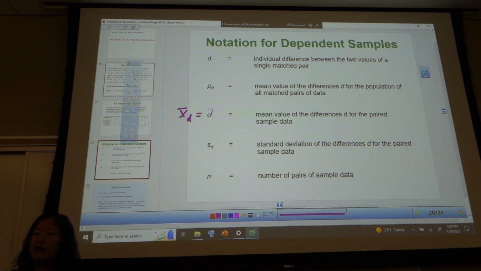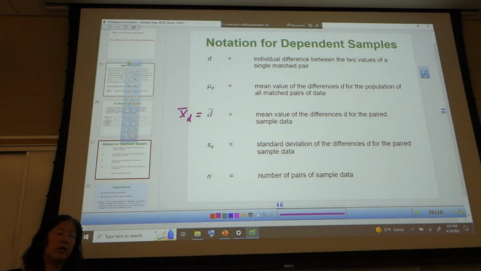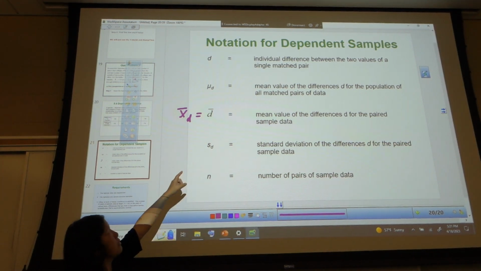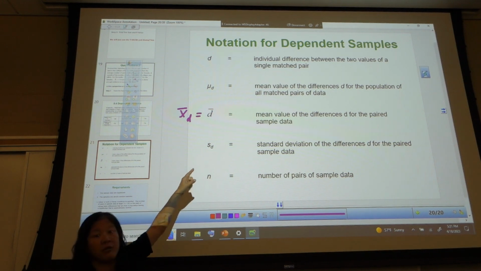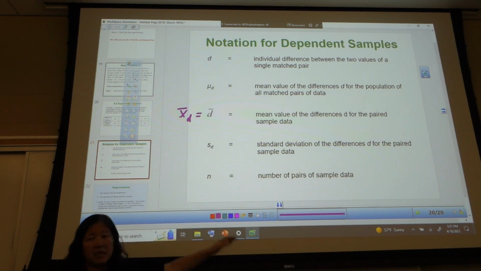If you give it a list, it calculates the mean of that list and calls it X bar, no matter what. It uses X as its main variable. S is the standard deviation of your little D's in your sample. And N is the number of pairs of data you have.